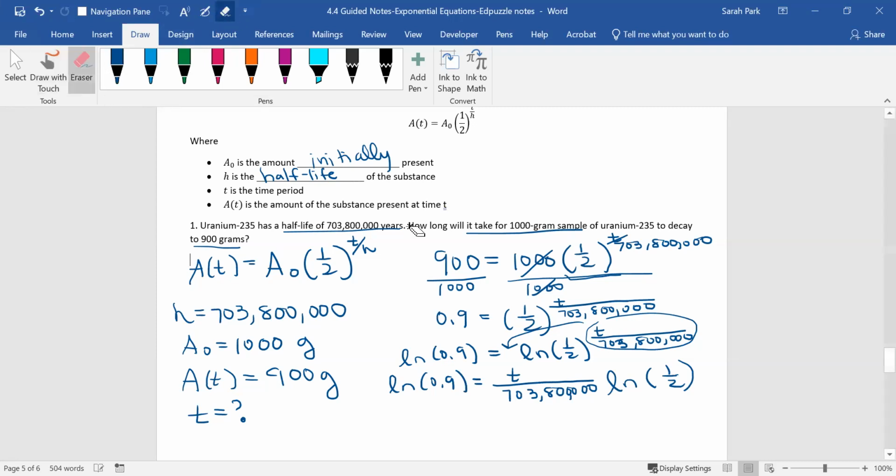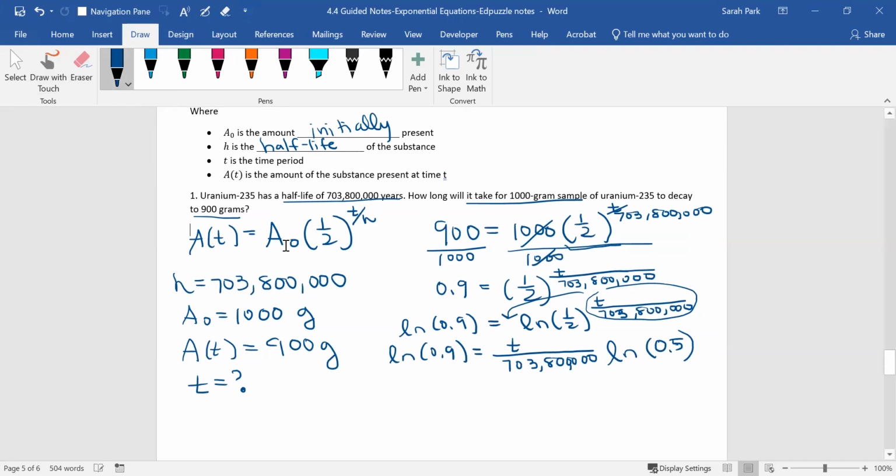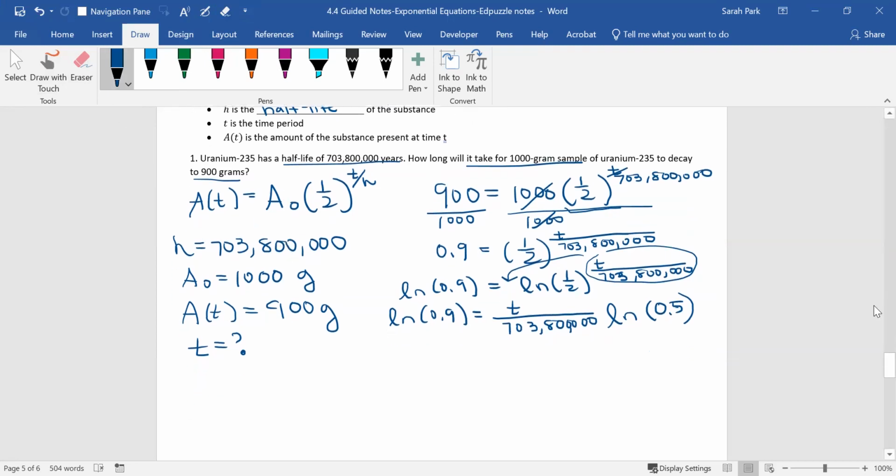And we have 0.5. Okay, now to solve for T, we would have to divide both sides by ln of 0.5. If we divide both sides by ln of 0.5, that'll help us get rid of this 0.5 here.